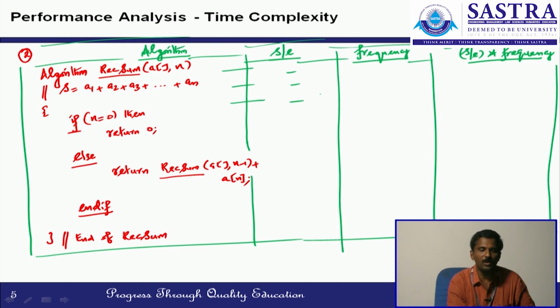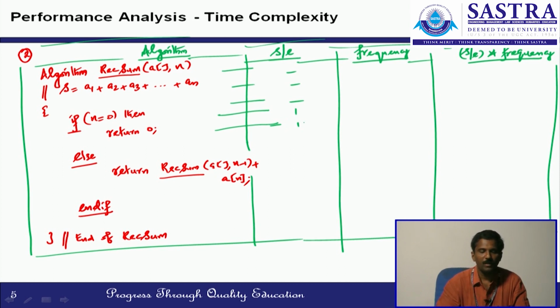So, the corresponding count is incremented by 1, and the step per execution value for this conditional statement is 1. Return 0 returns a value 0 to the calling place, taken as one step per execution, because before return 0 the corresponding count is incremented by 1, hence the step per execution value is 1.